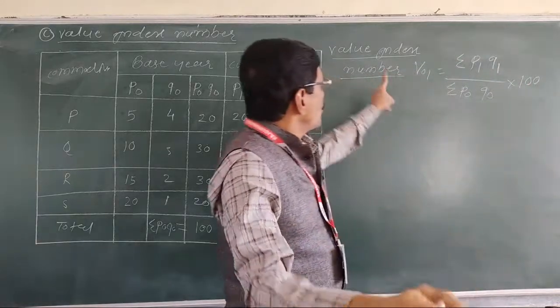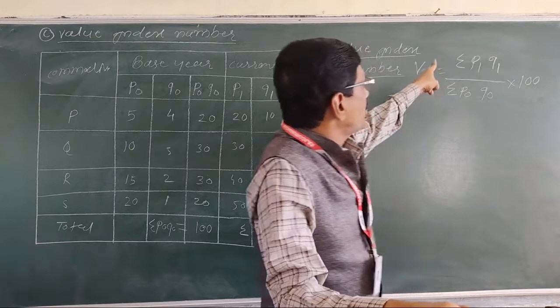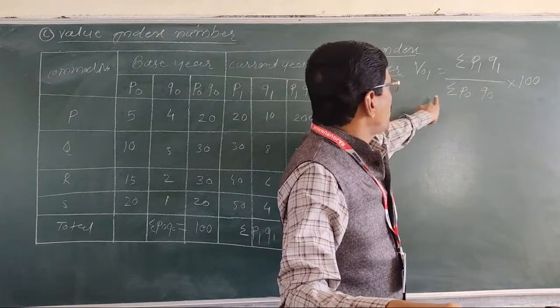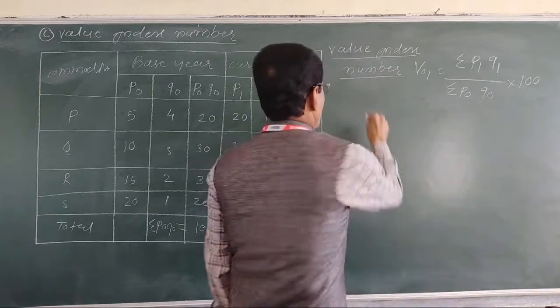That means V01 is equal to summation P1 Q1 upon summation P0 Q0 into 100.